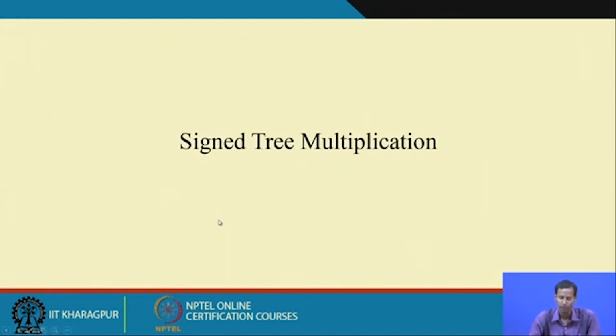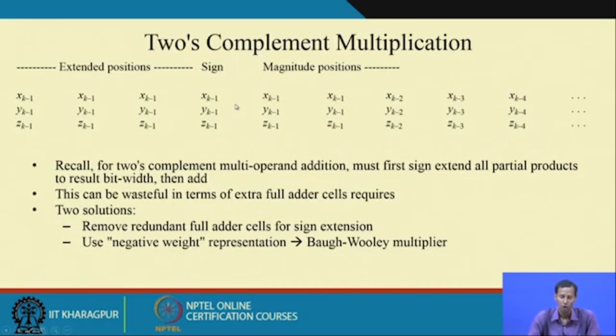Now if we consider sign-tree multiplication, how can we do it? So, this is the sign position and this is the magnitude position. Now, whatever this sign value is has been extended to the corresponding width of the final result, or the width of the product. Okay.